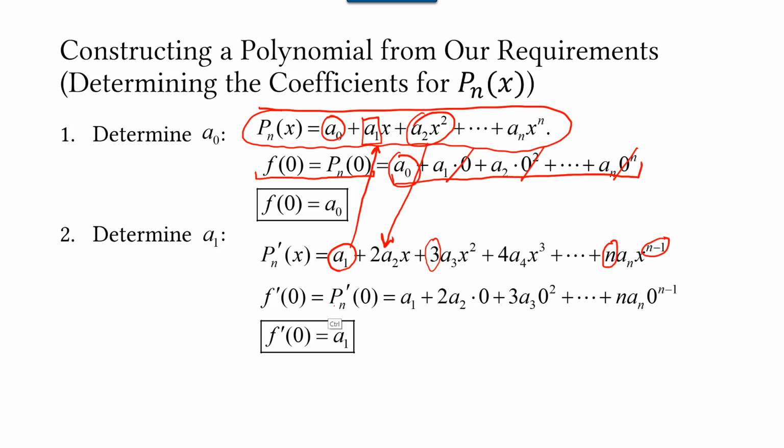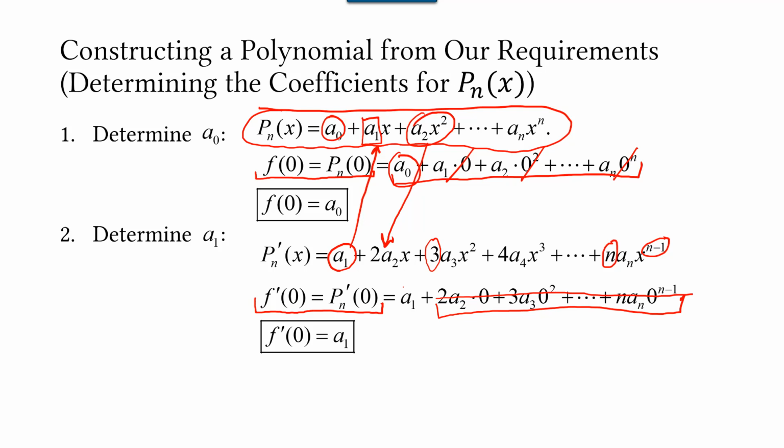Our requirement on the polynomial is that its derivative has to agree at 0 with the original function. Now we're plugging 0 into our derivative of the polynomial and noticing that all of the terms besides a1 have zeros in them.